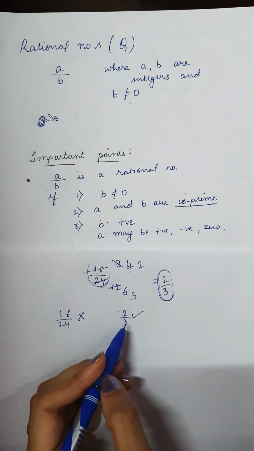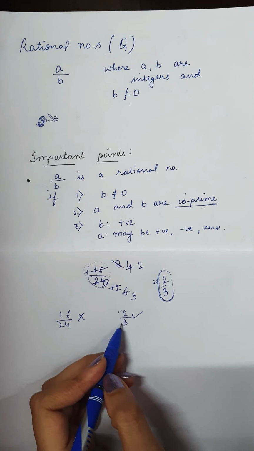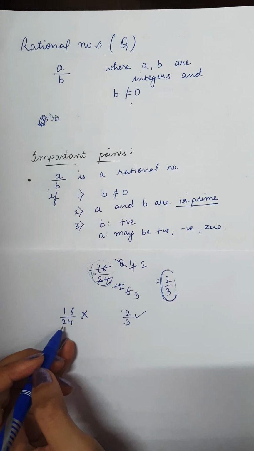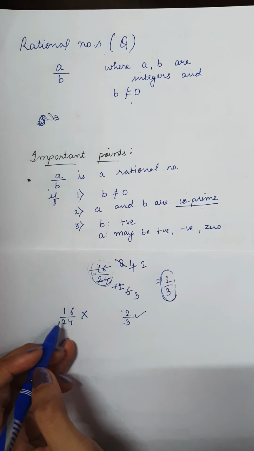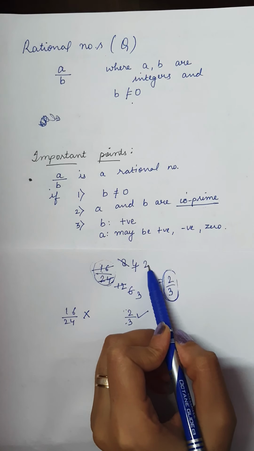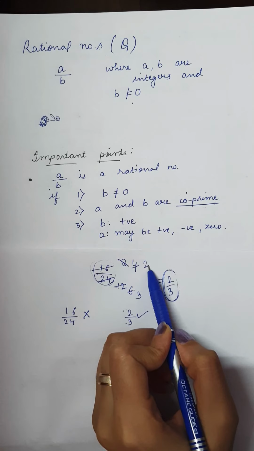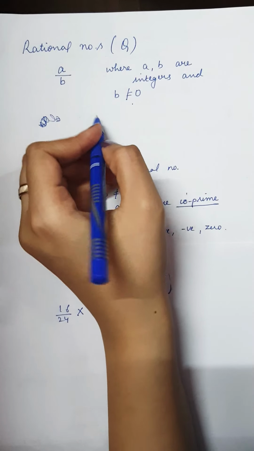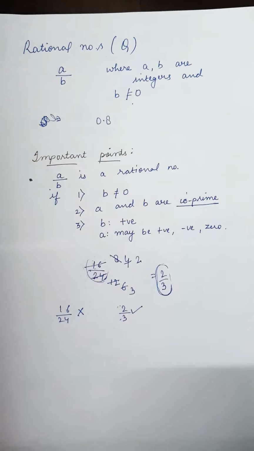Only because 2 by 3, both 2 and 3 are co-prime, that is common factor is 1. 16 and 24 are not co-prime. We have so many common factors, as we can see. So understood? So like I had given the previous example, 0.8.